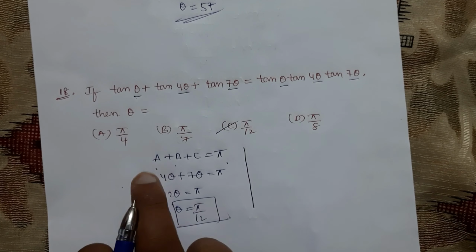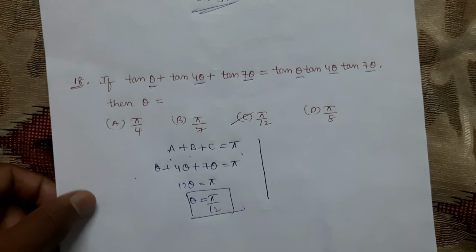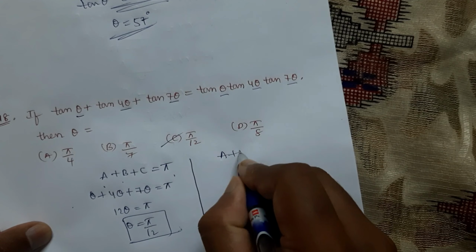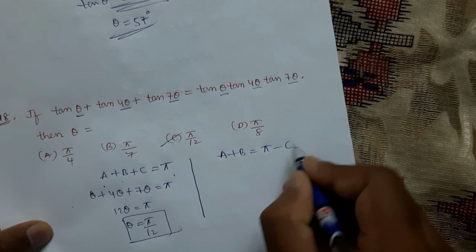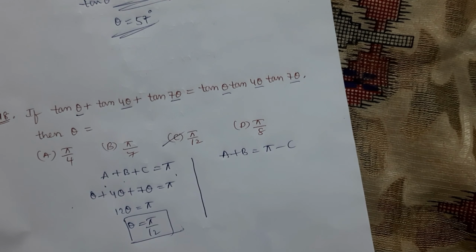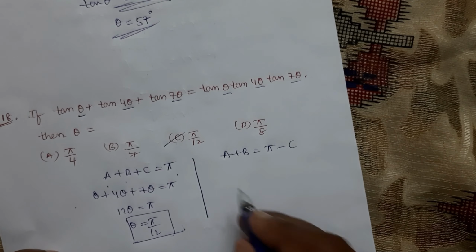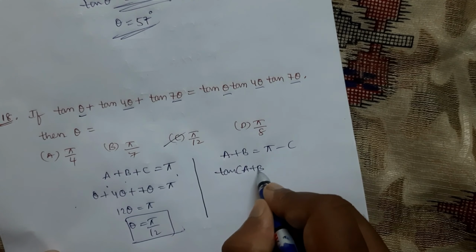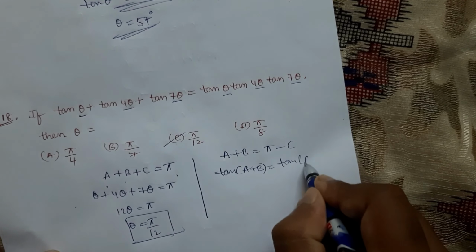But why we should take a plus b plus c is equal to pi: for this condition only. If I write a plus b is equal to pi minus c, and apply tan on both sides, we will get tan of a plus b equal to tan of pi minus c.